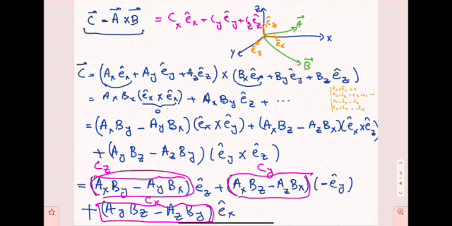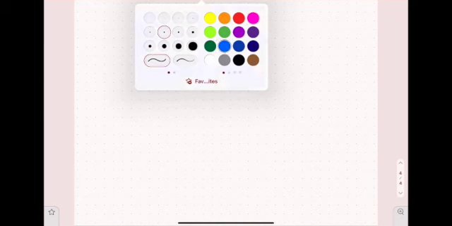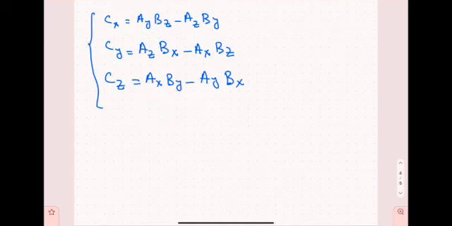So I write this once more, the components of our C vector, Cx, Cy, and Cz. So that means now, if we have the vectors A and B and its components, we can easily this way calculate the components of vector C, being the cross product of A and B.